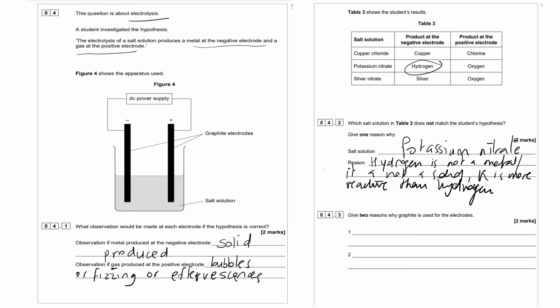Give the reason why graphite is used for electrodes, and the answer why we're going to use graphite this time is it conducts electricity. You can say it's inert.